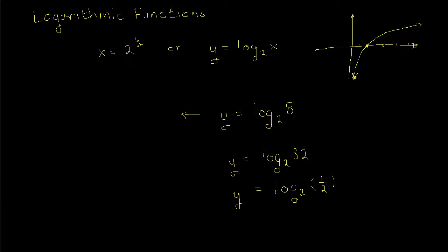Okay, so let's take a look at a logarithmic function this way. Let's remind ourselves that the logarithmic function is the inverse of the exponential function. So since the exponential function would look like our output is, say, something like 2 to the input.